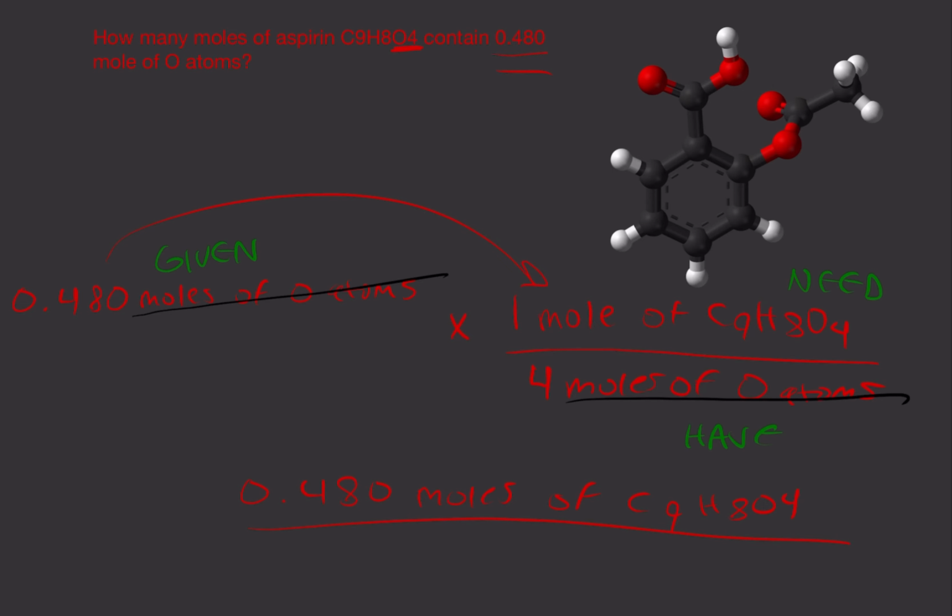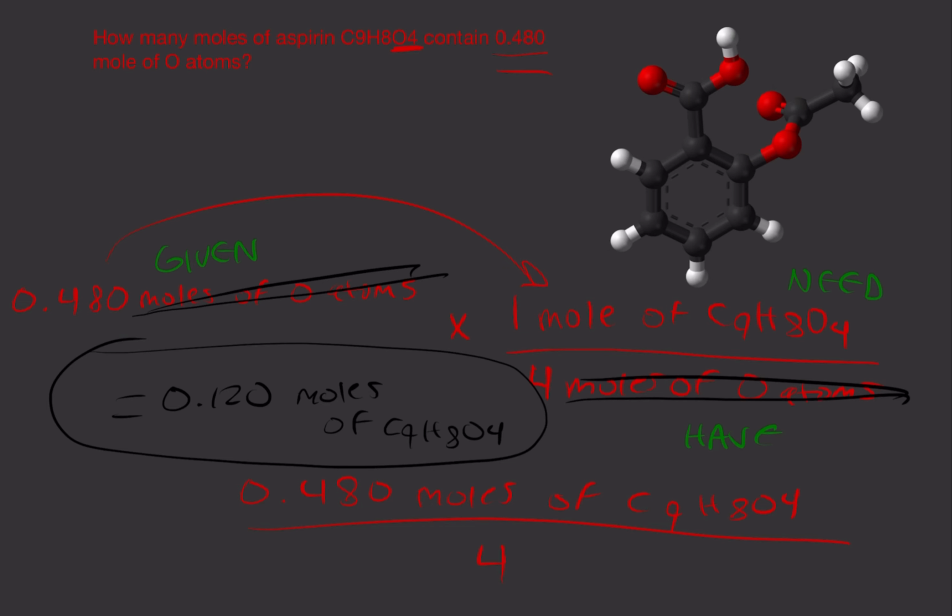And then we would divide by 4 because that's what's left over. Remember, we had crossed these out. So all we have is the 4 at the bottom. And if we do our little math real quick, the answer we would get is 0.120 moles of C9H8O4. Boom, and that is your answer.